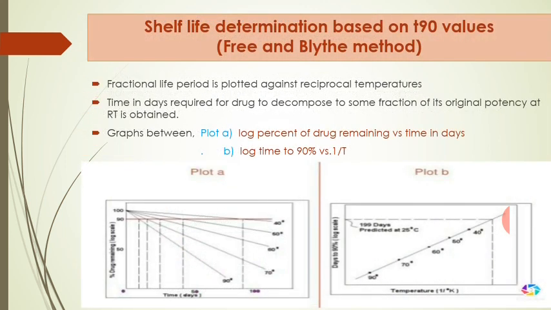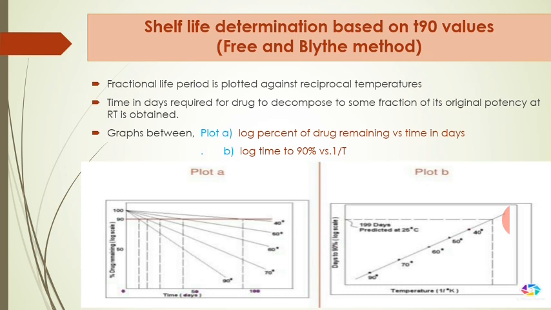The next method is shelf life determination based on T90 values, also called the Free and Blythe method. Here the fraction life period is plotted against the reciprocal temperature, and the time in days required for the drug to decompose to some fraction of its original potency at room temperature is obtained. So here two graphs are plotted.